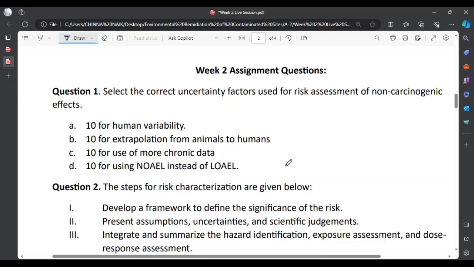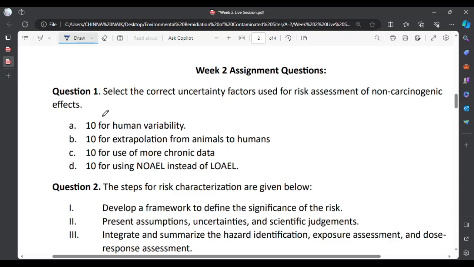Okay. The first question: select the correct uncertainty factors used for risk assessment of non-carcinogenic effects. We already discussed what uncertainty factors we consider. We generally consider uncertainty factor 10 for different conditions.